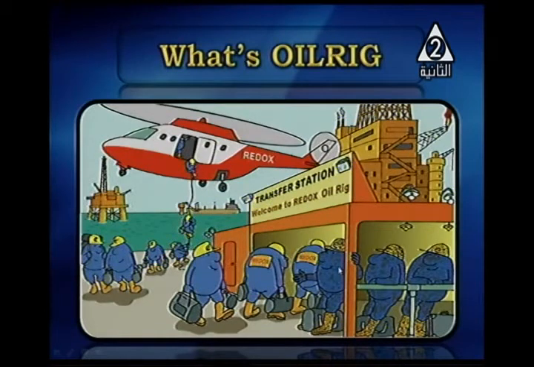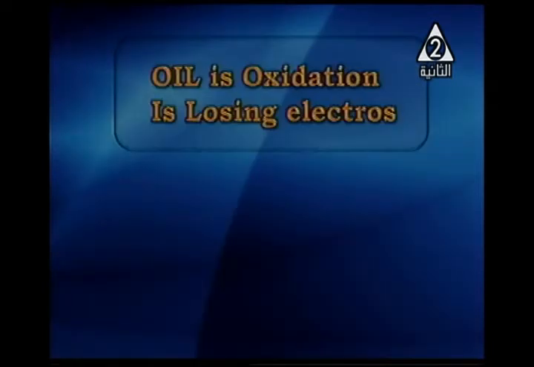So the oxidation here has some parts, like the activity that happens to make rusting, for example. This is the oxidation part, and here we have the redox part. After that, here we have OIL: oxidation is losing electrons.